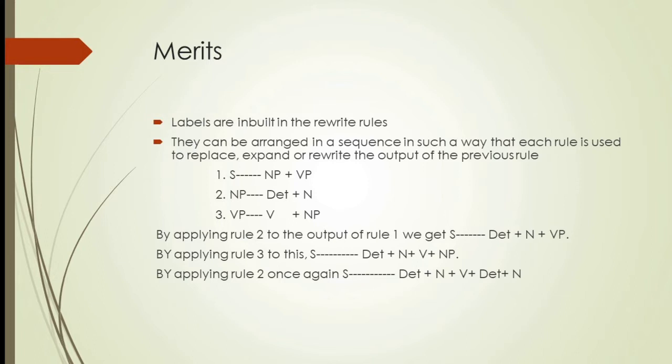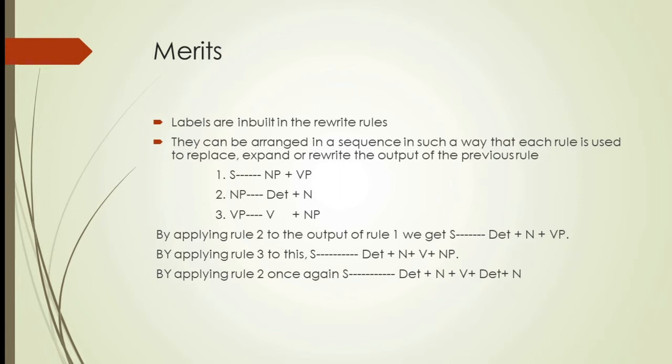So labels are inbuilt in the rewrite rules. Now, let's check these rewrite rules written here. The first rule is sentence divided into noun phrase plus verb phrase. In the second rule, noun phrase is divided into determiner plus noun. The third rule, verb phrase is divided into verb plus noun phrase.